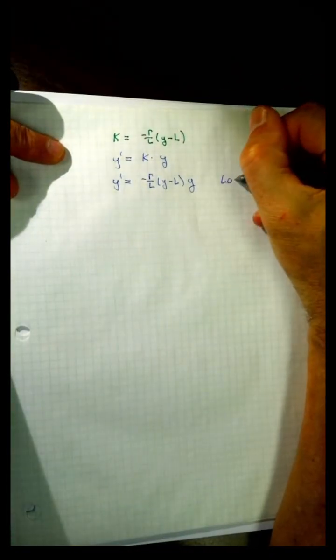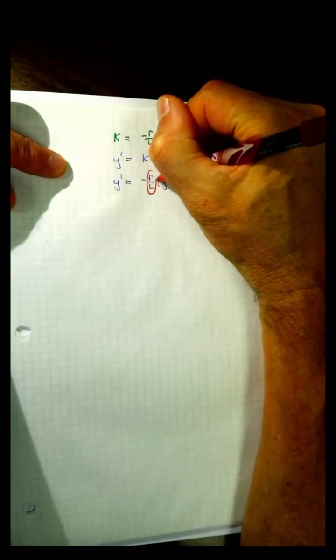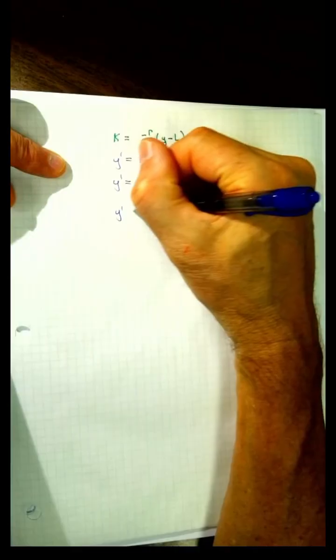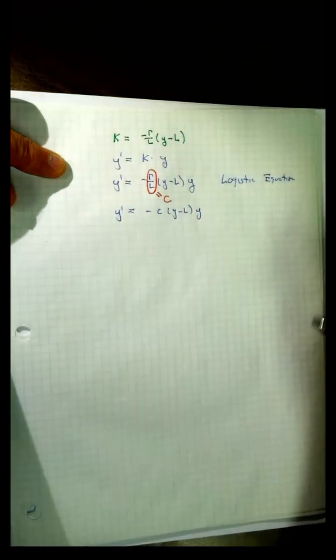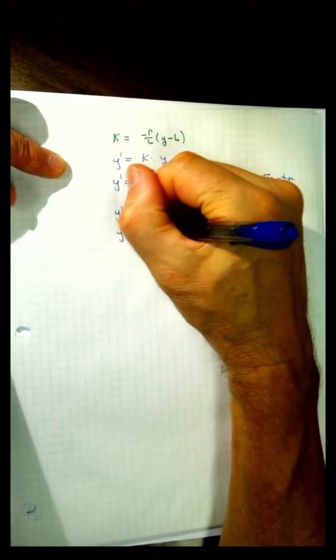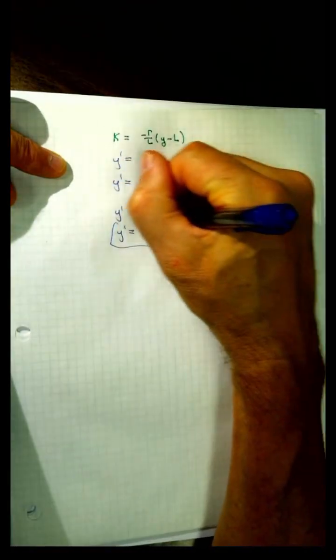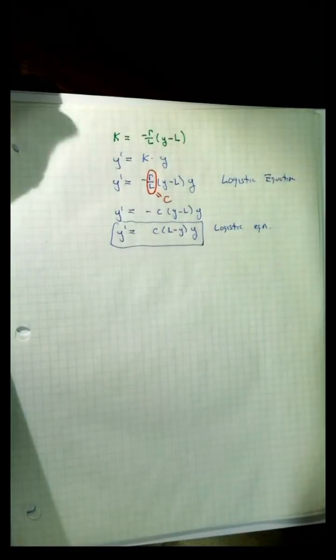And now this is what we're going to call the logistic equation. Oftentimes we don't really like working with this whole thing here, so let's just call that some C. So we have that, and if I bring that minus sign in, my logistic equation looks like that.